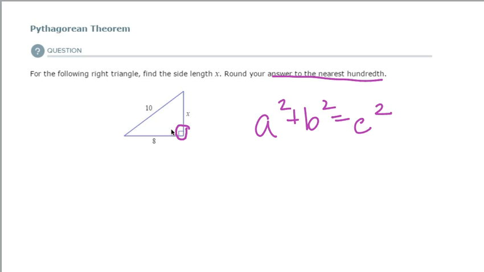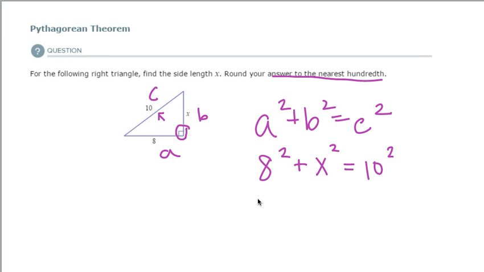The two sides attached are my a and my b. The side across is my c. Then I'll substitute: 8 squared plus x squared equals 10 squared. If you don't put your numbers in the right spot, you're guaranteed wrong. It's as simple as that.